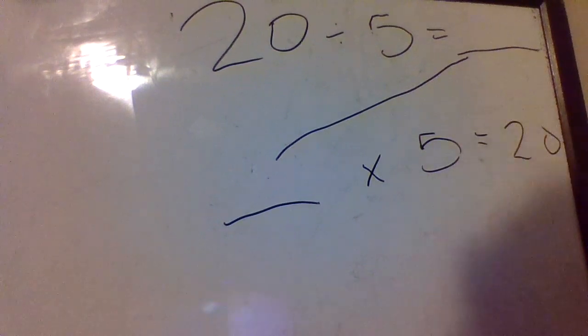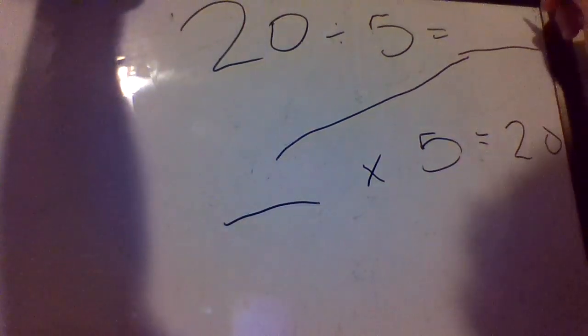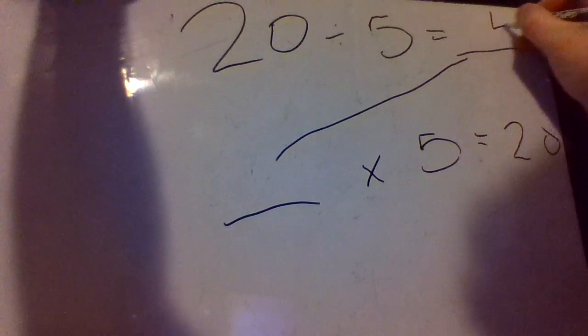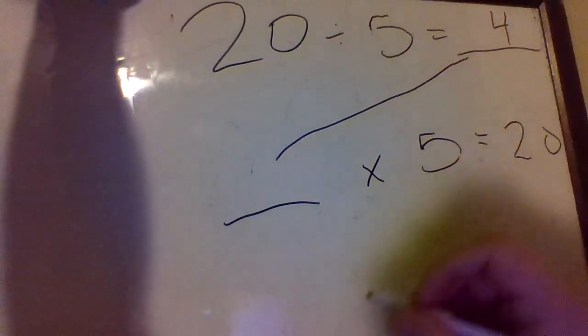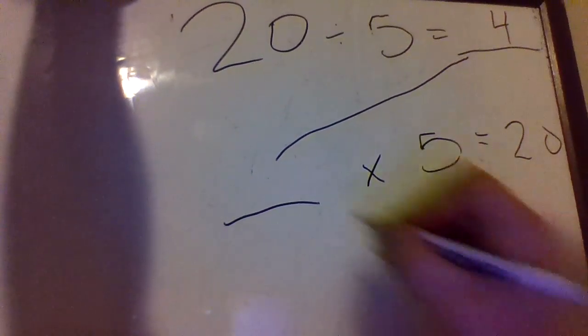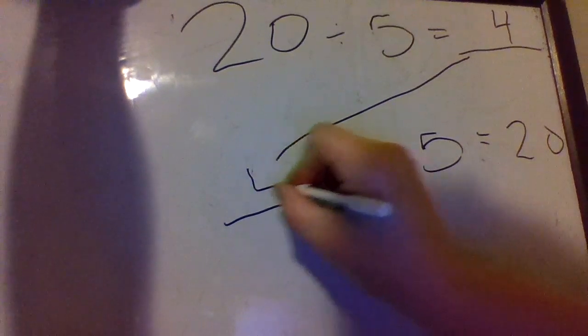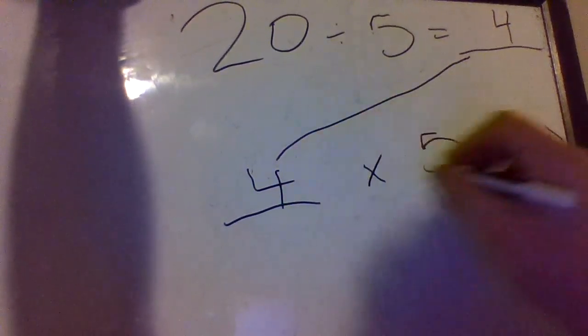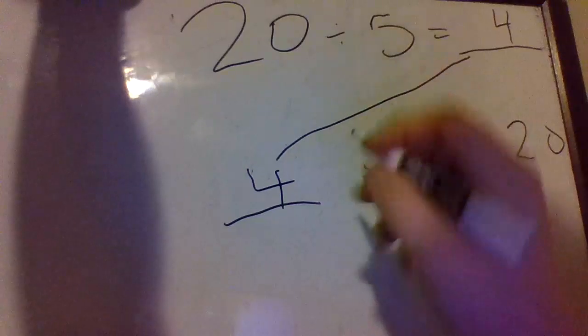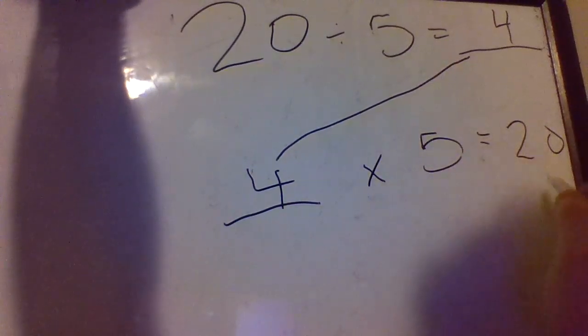Alright, so we can sort of see 20 divided by 5 is 4. So the fact family method would say 4 times 5 is 20.